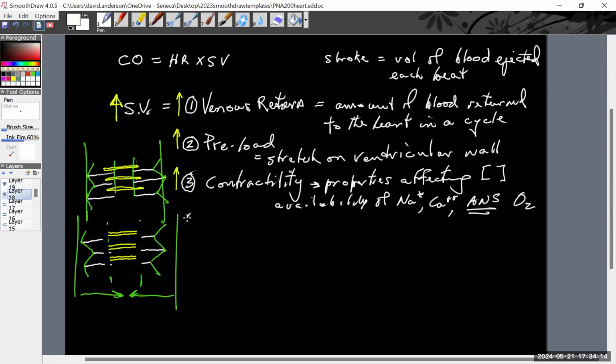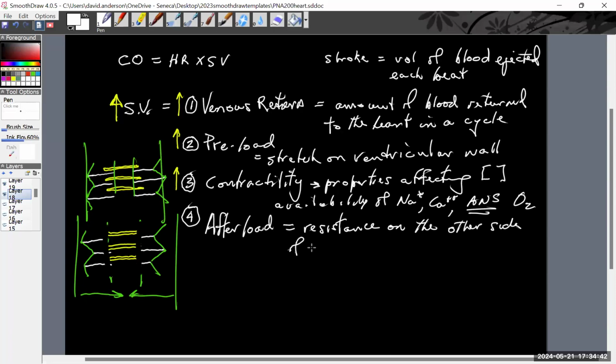The reason I bring that up is there's a fourth factor, and the fourth factor is not called preload, it's called afterload. And afterload is the resistance on the other side of the semilunar valve.